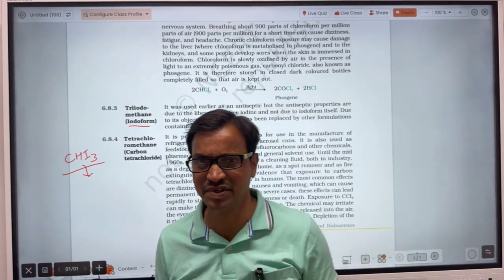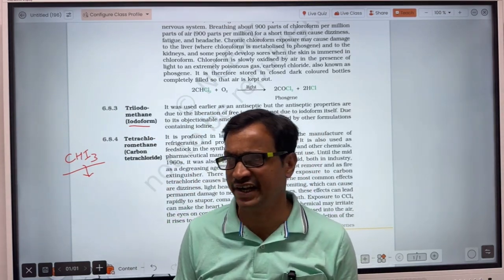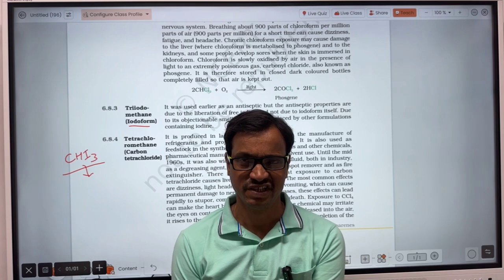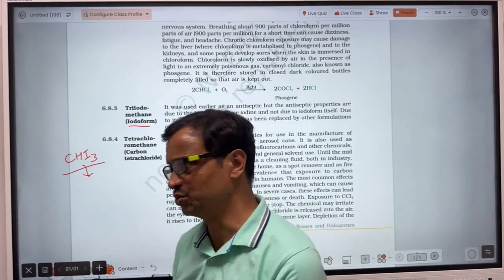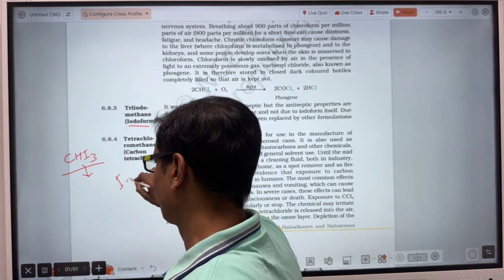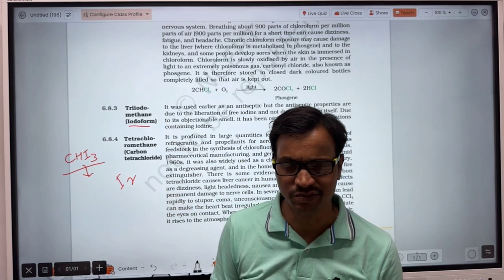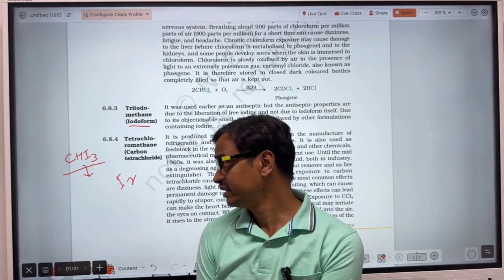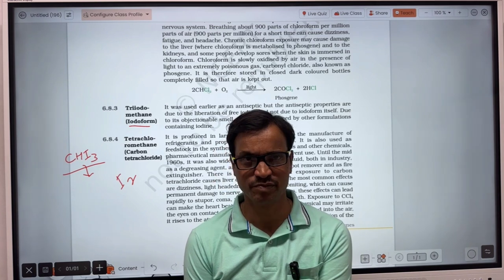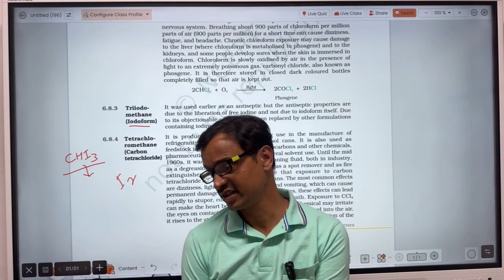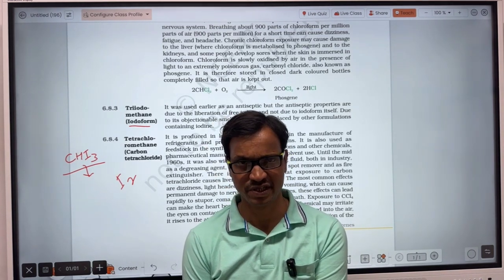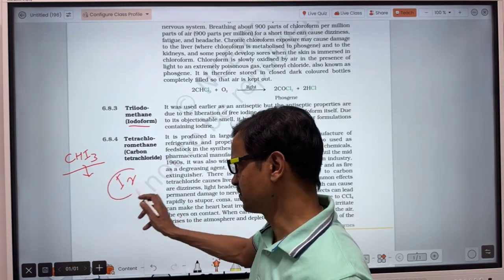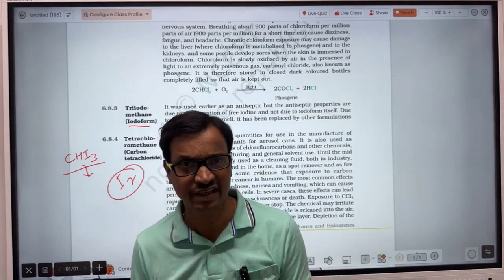It has been found that the antiseptic property of iodoform is due to the iodine, I2, because iodoform dissociates into I2 and then possesses the antiseptic property. Since iodoform has an objectionable smell, nowadays iodine is used directly as an antiseptic.